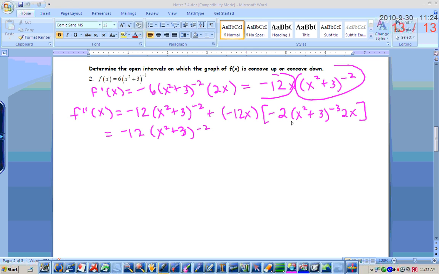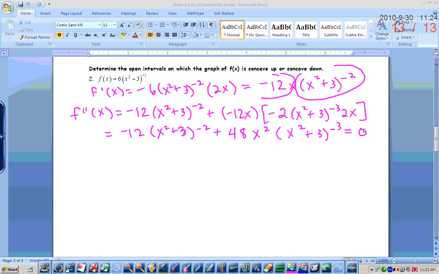Okay, I'm going to clean this second part up. I've got negative 12x times negative 2 times 2x, which is 48x squared, times x squared plus 3 to the negative 3. And I need to find where this derivative equals 0 or where it's undefined.